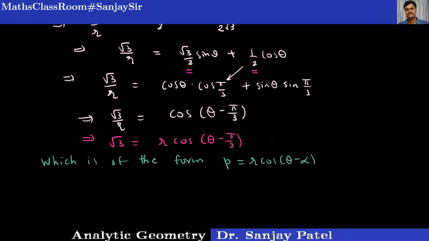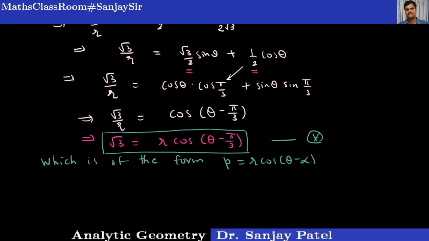One can say this is actually the polar equation of the straight line passing through the given 2 points. But my one more aim in the question is to find the foot of the perpendicular from the pole onto this line. So that's why I have expressed the given equation in the form p equal to r cos theta minus alpha.